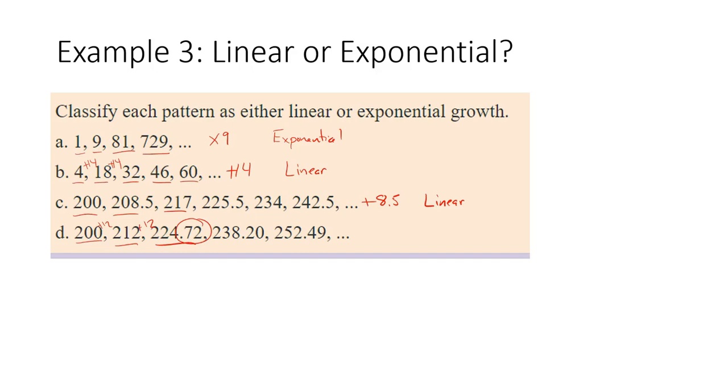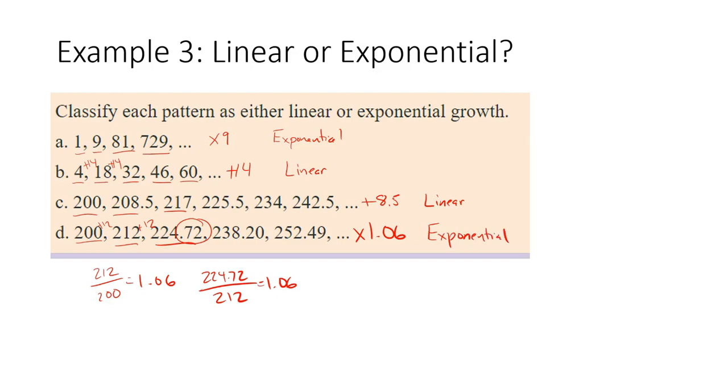Rather, we can figure out what we are multiplying by just dividing 212 by 200, and you'll find that you get 1.06. 224.72 divided by 212 will also give you 1.06. So each term is multiplied by 1.06, and so this is exponential growth.